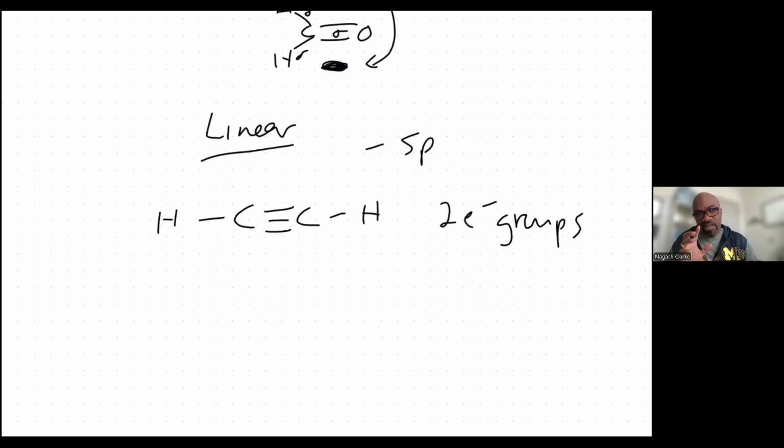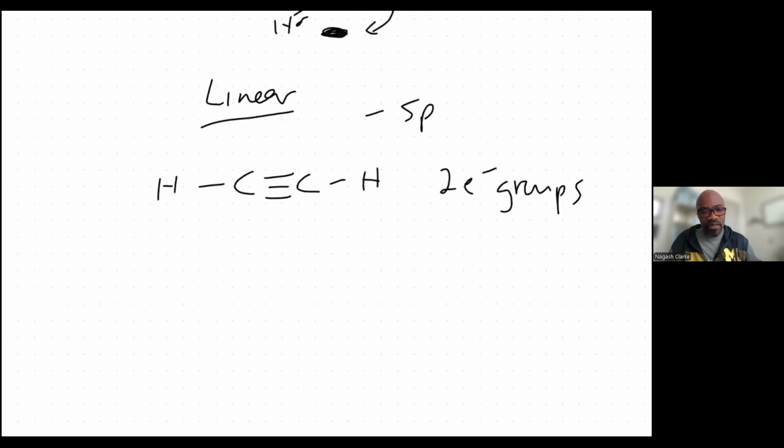We can sometimes look at the outer atoms, like if there's an oxygen, you can say that's also some hybridization, but let's focus on the central atoms. And you'll see here, around each carbon, there's two electron groups, one here, one here. So one s and one p are combined to form the sp hybrid orbitals, and they are responsible for bonding. So we get that linear, 180 degrees.